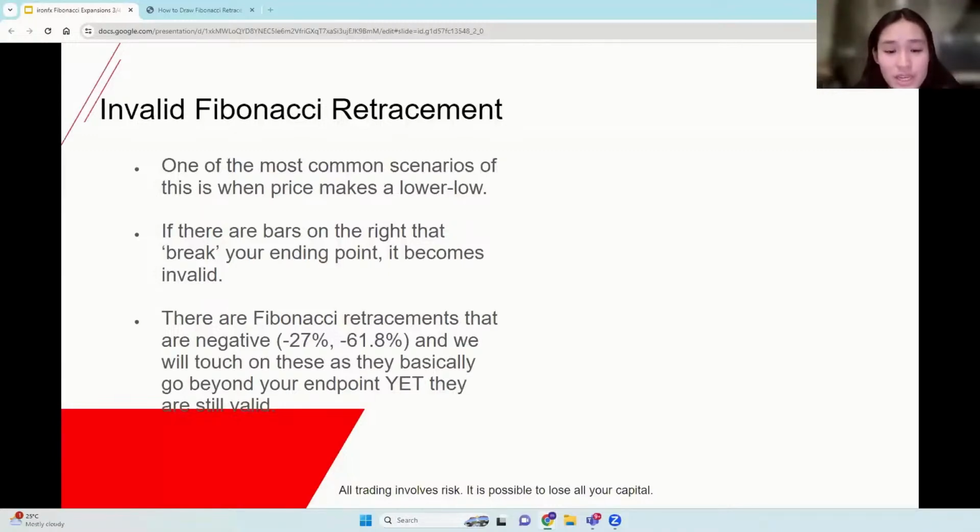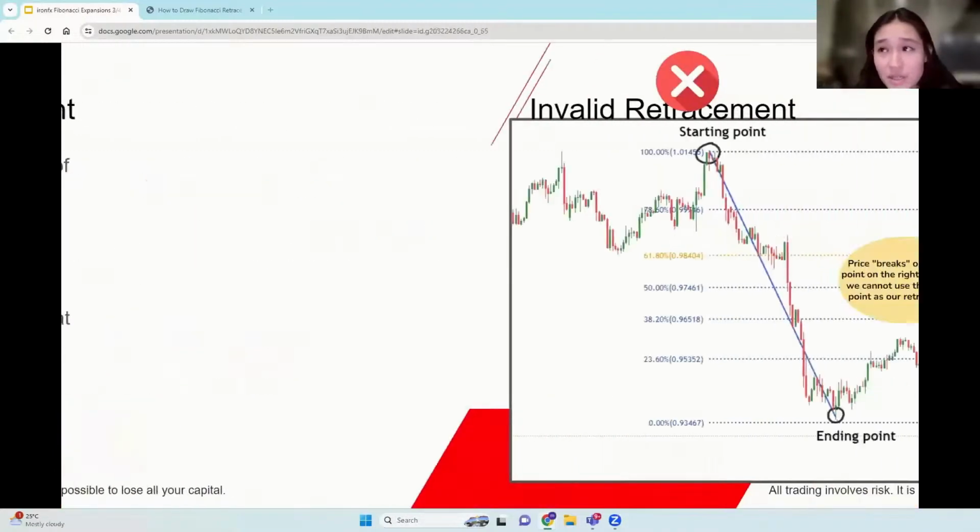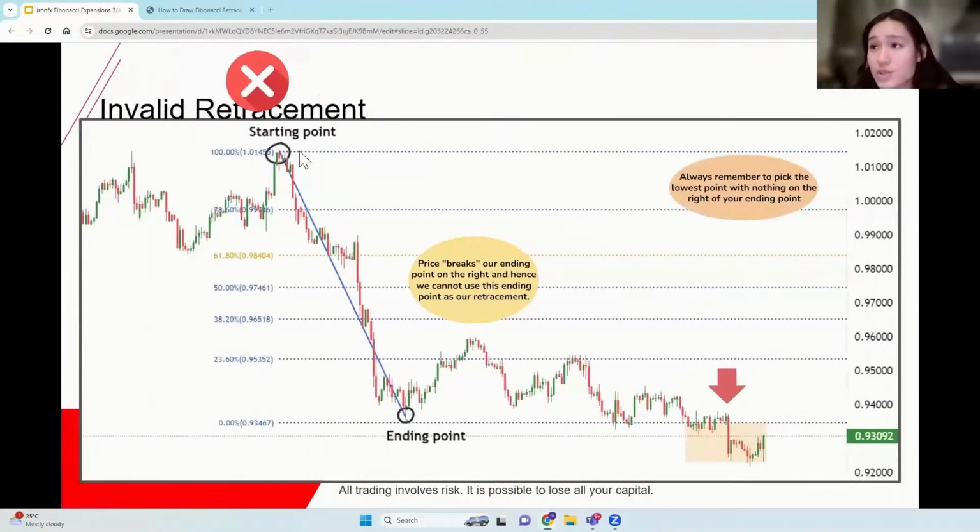But if we are using a retracement, okay, I'll show you guys the example here. If we're using a retracement from this starting point to this ending point, and we're looking for a mid-range, then since price breaks out of the ending point, it is no longer considered a valid retracement. So price breaks our ending point on the right, and hence we cannot use this ending point for our retracement.